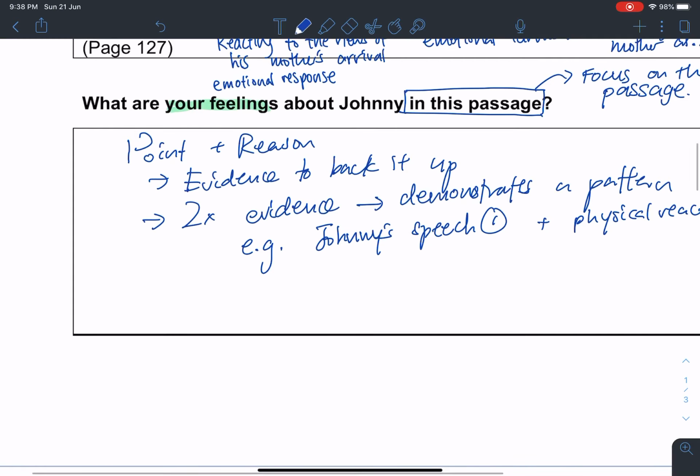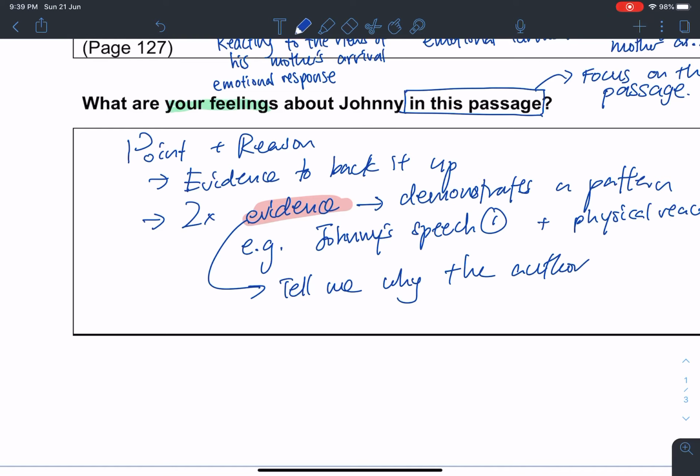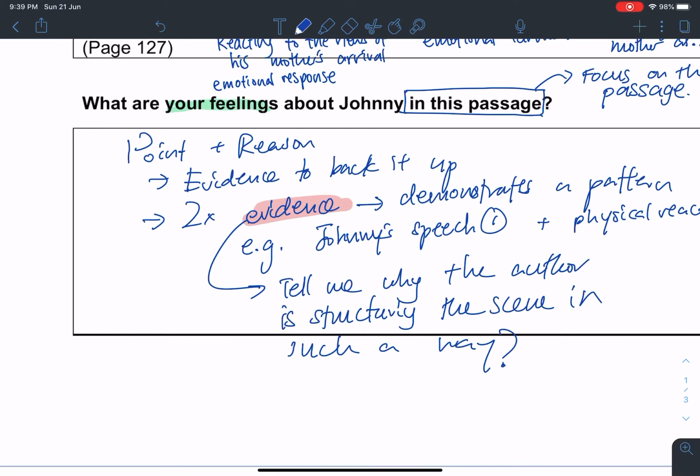So from your evidence, what you want to do is to tell me why the author is structuring the scene in such a way. You need to start to tell me how come S.E. Hinton wanted to portray Johnny in this manner, and of course you need to link back. How does it make you feel?